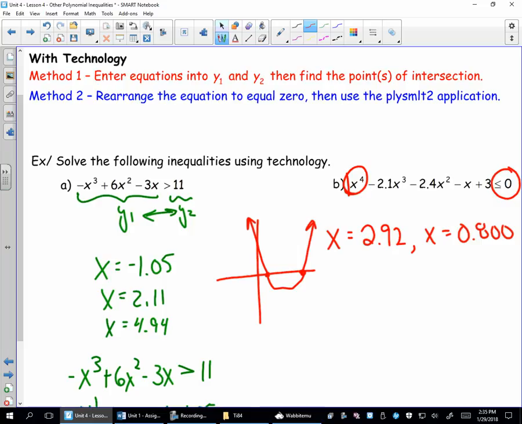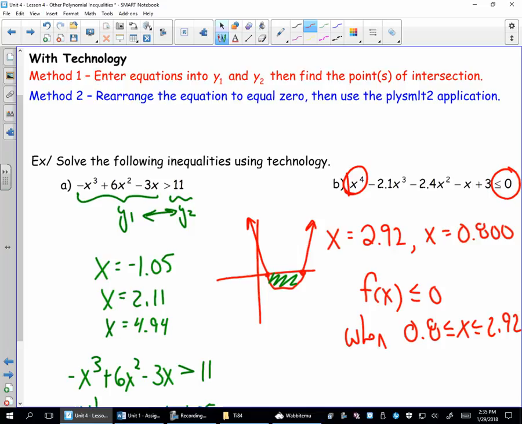Okay, so when is this below 0? Well, below 0 obviously in this part. So we could say our function is less than or equal to 0 when, again, your choice of notation, 0.8 to 2.92, or bracket notation, your choice.